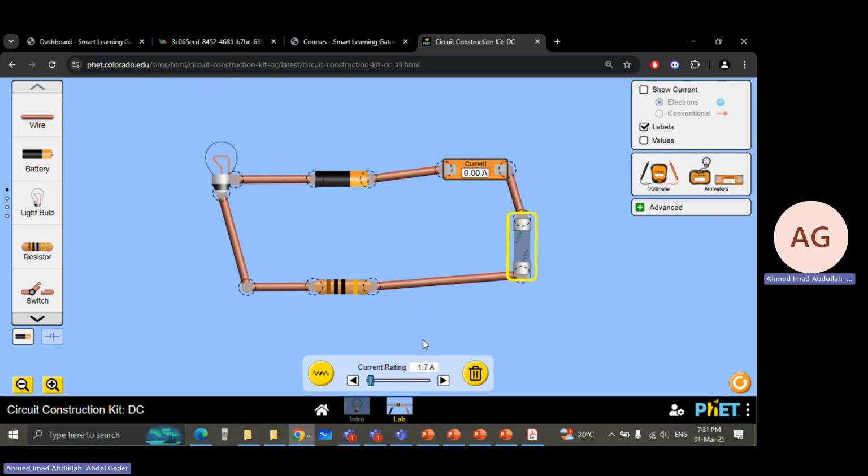Let's follow along now what happens. Our light bulb is experiencing a current of 1 amp. This should not damage it. However, if the current starts to rise, as it is now, and reaches 2 amps, then our bulb will explode. However, the fuse has been set to 1.7 amps.